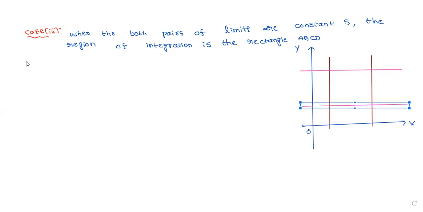Draw these first. So all intersect and the region is found.